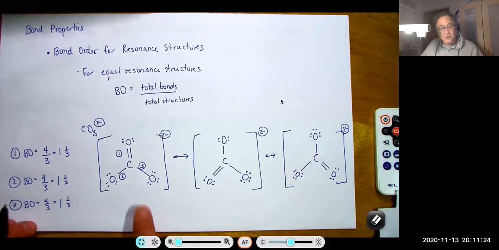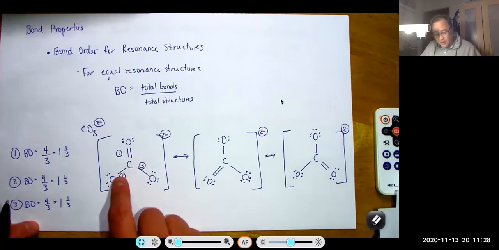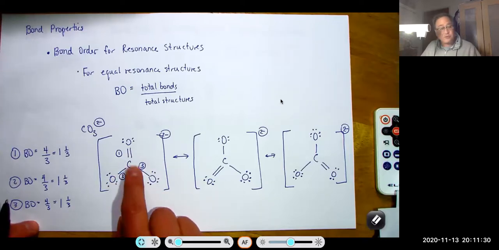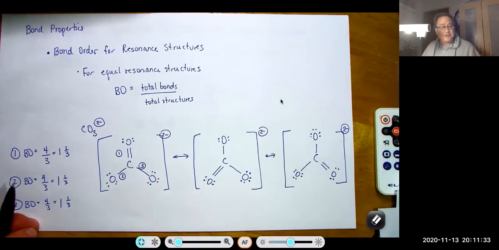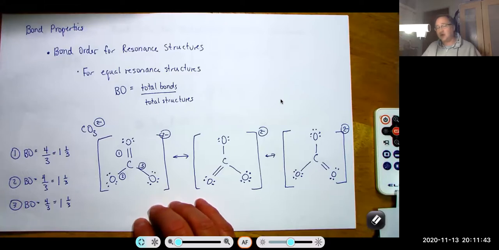We have to understand that this drawing is not correct, because if you look at the bond order, we've got a 2, a 1, and a 1, and the 2 should be much shorter than the 1s. But in fact, in this ion, all of the bond orders are the same, and they're in between a 1 and a 2. They're not as long as a 1, nor are they as short as a 2.